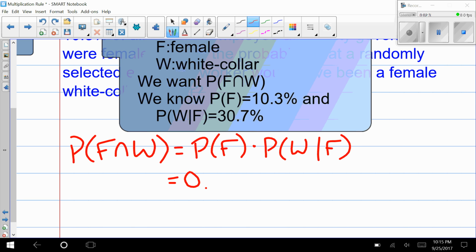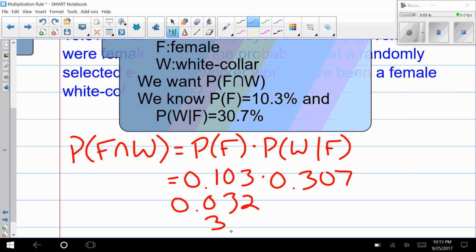The probability of a female is 0.103 times the probability of white-collar given female, 0.307. Multiply those together and we get 0.032, which is 3.2%. That means 3.2% of all of the workers at that time in that town were white-collar female workers.